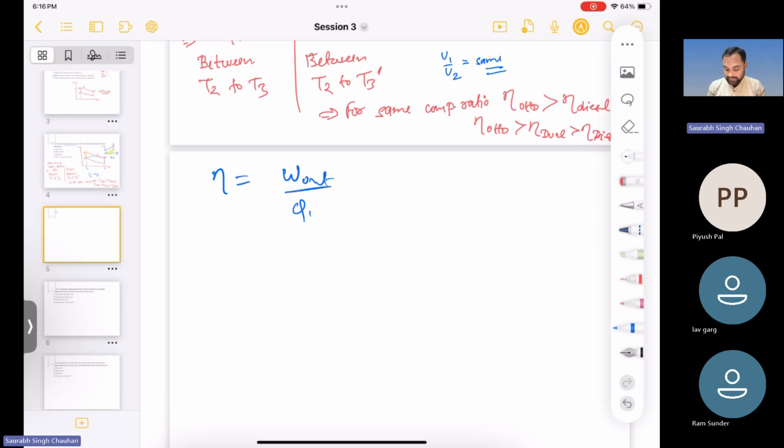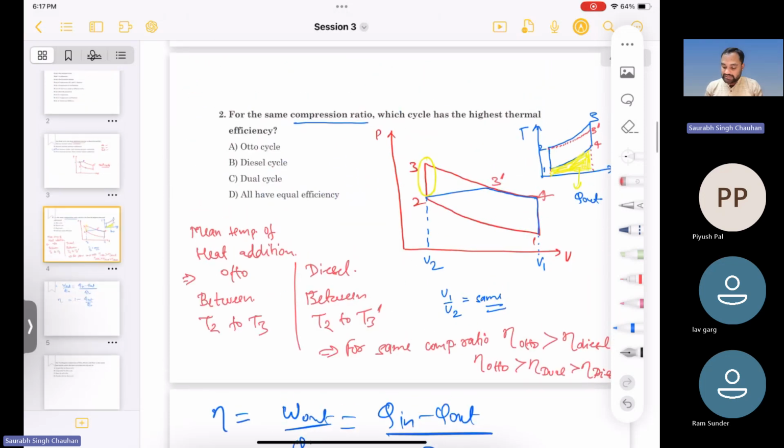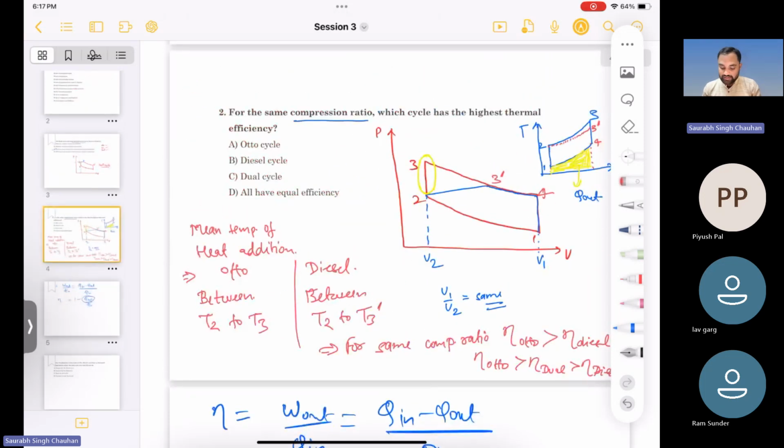Efficiency is work output divided by heat input, and work output is heat input minus heat rejected, divided by heat input. So it is like Q in minus Q out over Q in. Q out is the same for both these cycles, the yellow part is the same for both.